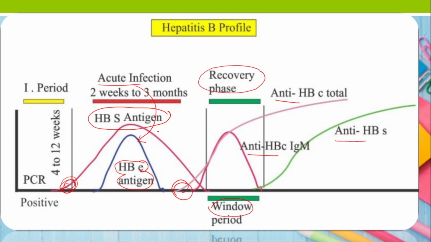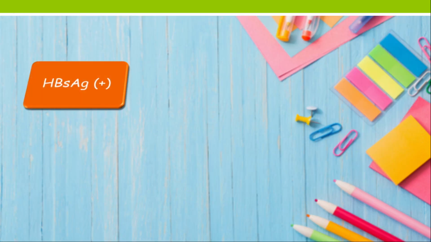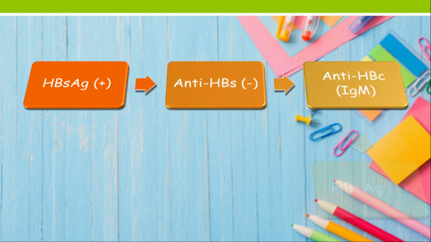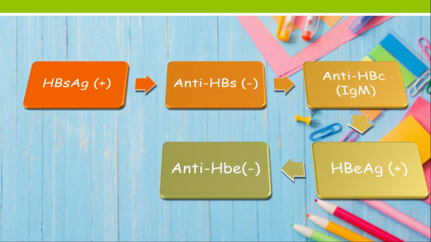Next, we can work out and find what type of infection is going on in our blood. So we are doing the hepatitis B profile and we are getting HBsAg positive, then anti-HBs negative, then anti-HBc.